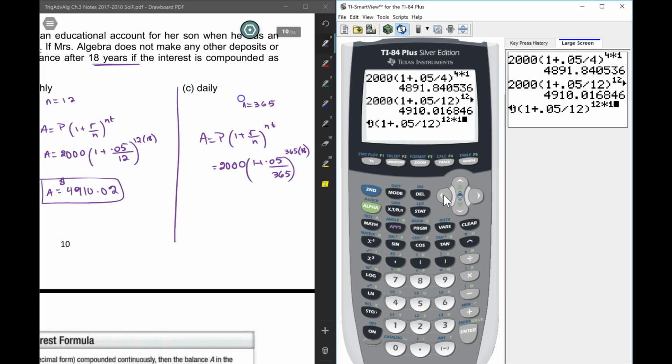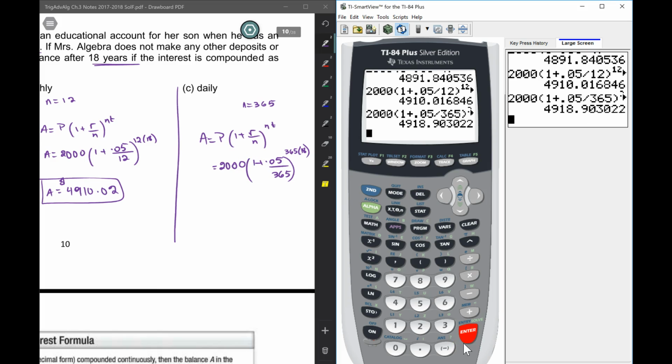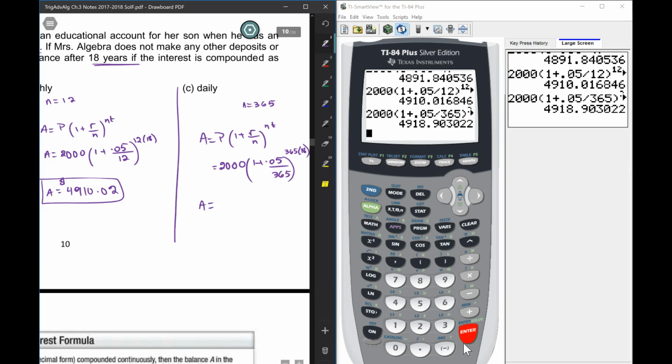Here. 3, 6, insert 5. 3, 6, insert 5. Okay. So we get so much more money. $8 more to be exact, over the 18 years.